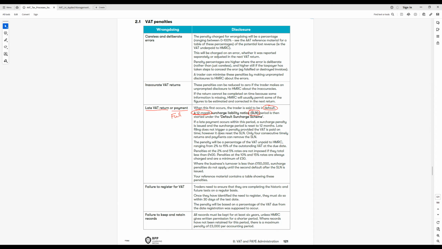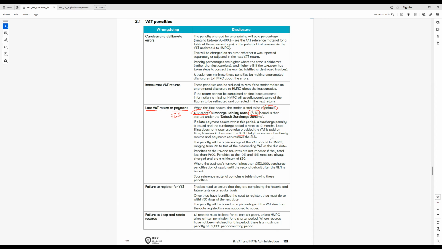Late filing does not trigger a penalty provided the VAT is paid on time. However, it does reset the SLN. So if you are filing late, it does not trigger a penalty provided the VAT is paid, but the SLN will be reset. Only consecutive timely returns and payments can remove the SLN, that is the surcharge liability notice.